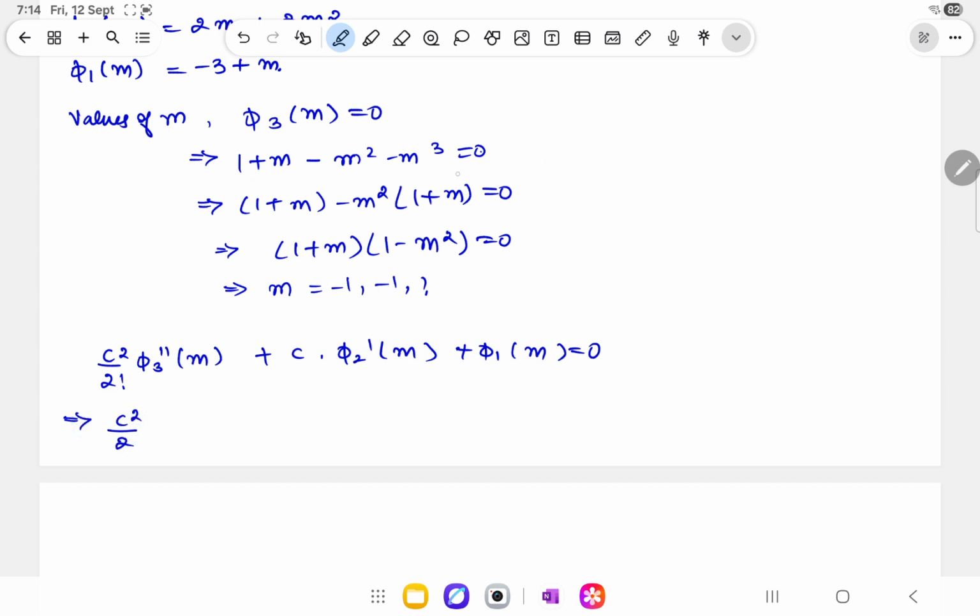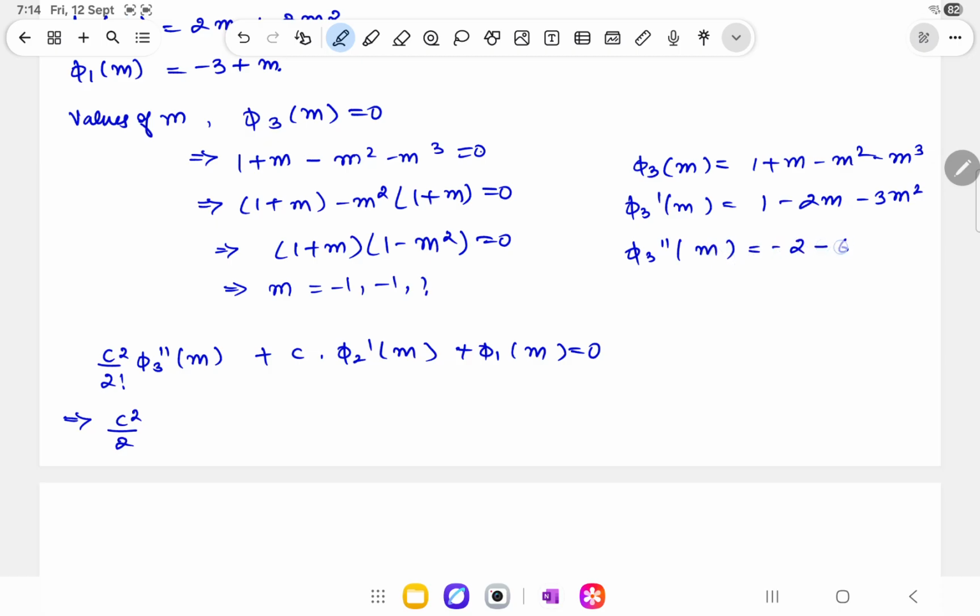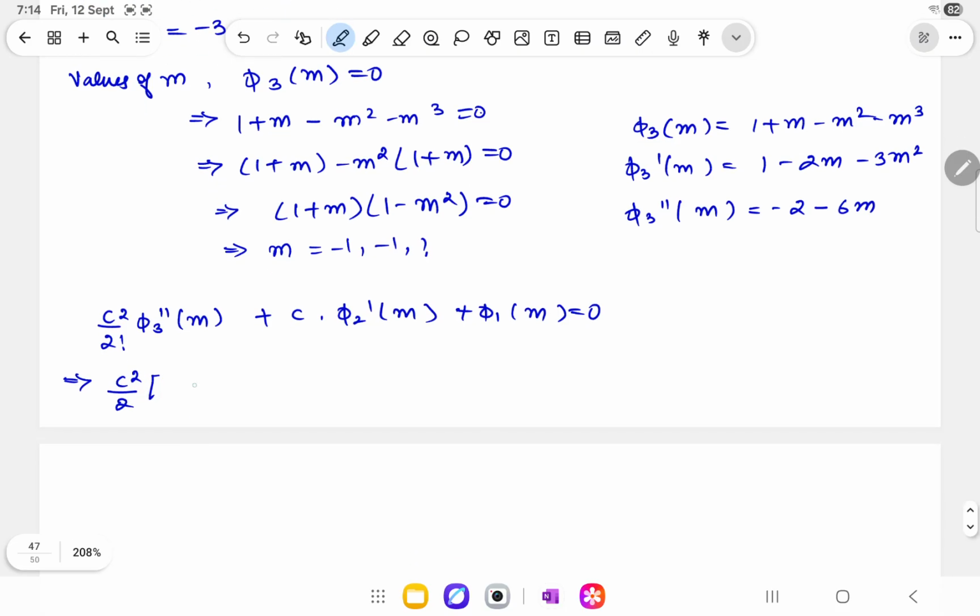My phi 3m is 1 plus m minus m square minus m cube. So the derivative of phi 3 will be 1 minus 2m minus 3m square, and its double derivative will be minus 2 minus 6m.